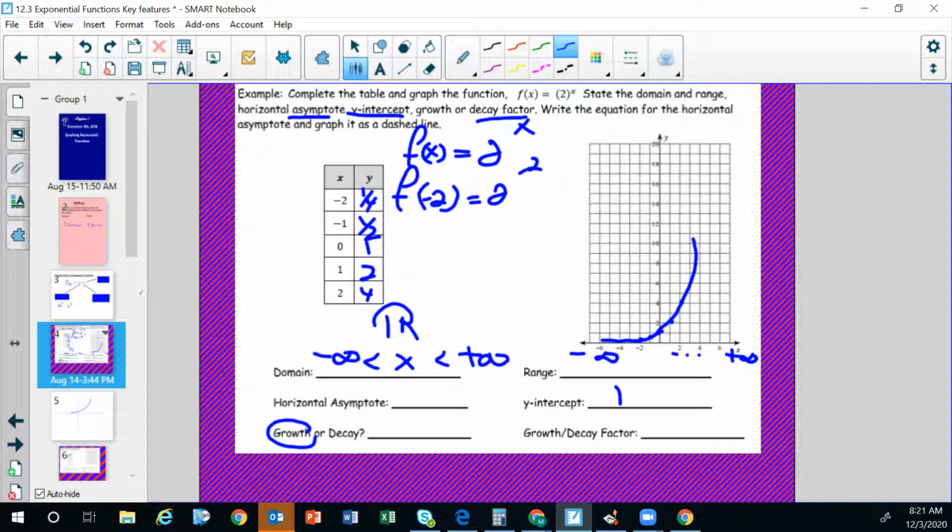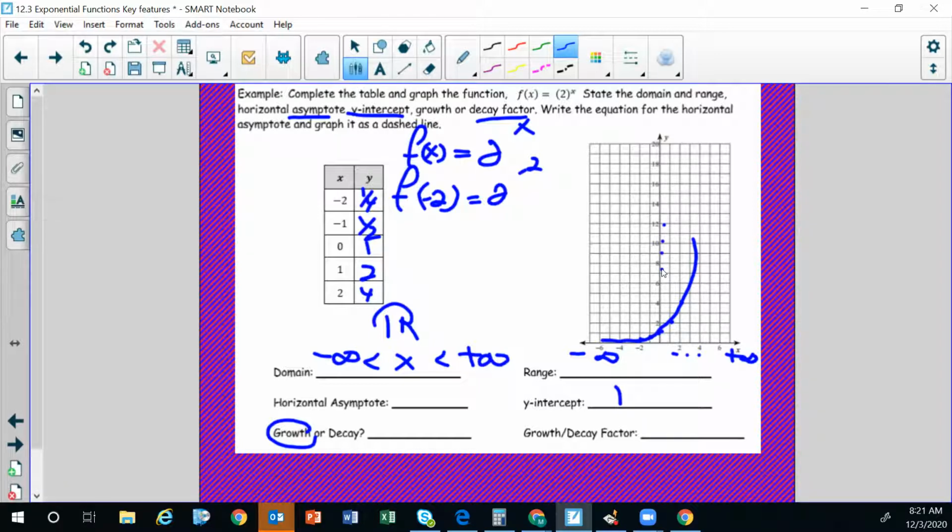So let's look at a range now. Now, the graph, as you can see, increases, right? The y value increases. Now, as you go down, the graph approaches 0, but never gets to 0. All right? It gets closer and closer to 0, but never touches 0.